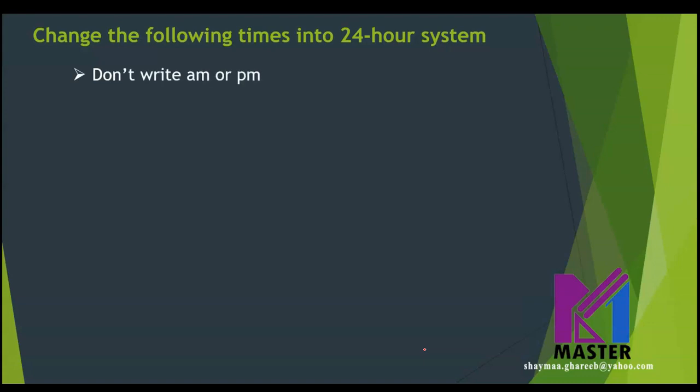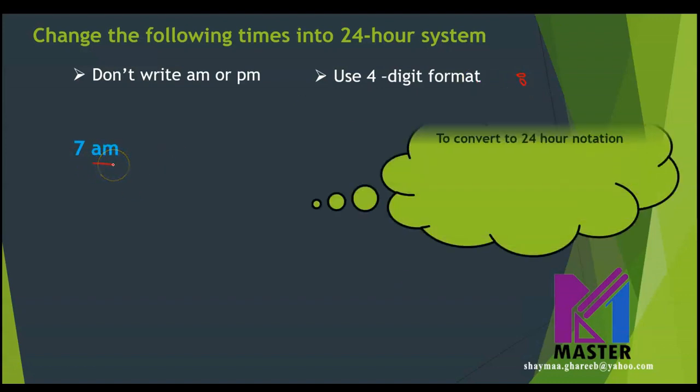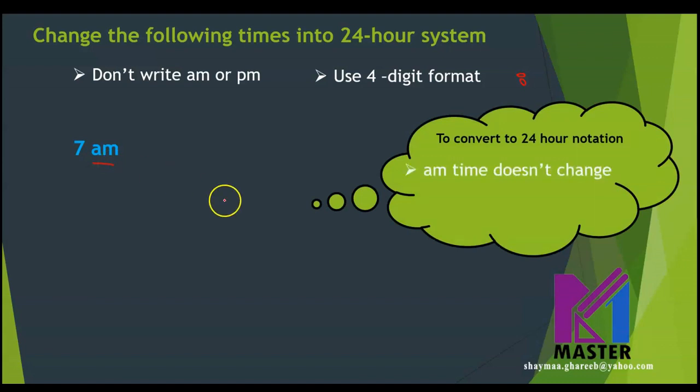Now let's change some times into the 24-hour system. Let's remember that we don't write AM or PM. We use a 4-digit format and we put a colon between hours and minutes. 7 a.m. What did we say about the AM times? To convert it to 24-hour notation, AM time does not change.